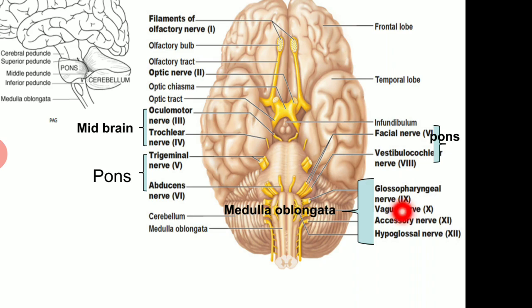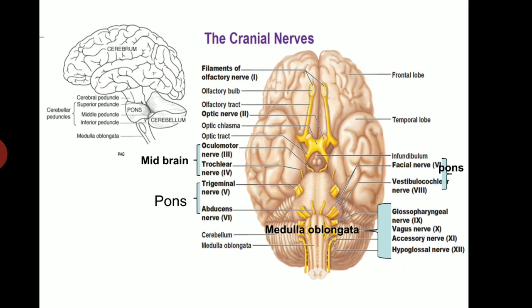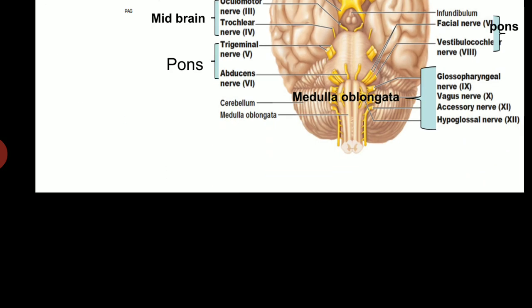And from the medulla oblongata, origin of 9th, 10th, 11th and hypoglossal 12th cranial nerve. Okay, so all the cranial nerves originate from the brainstem.